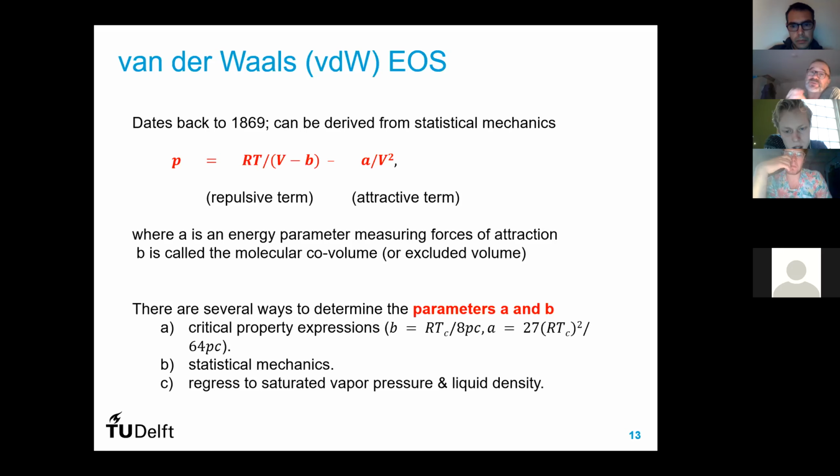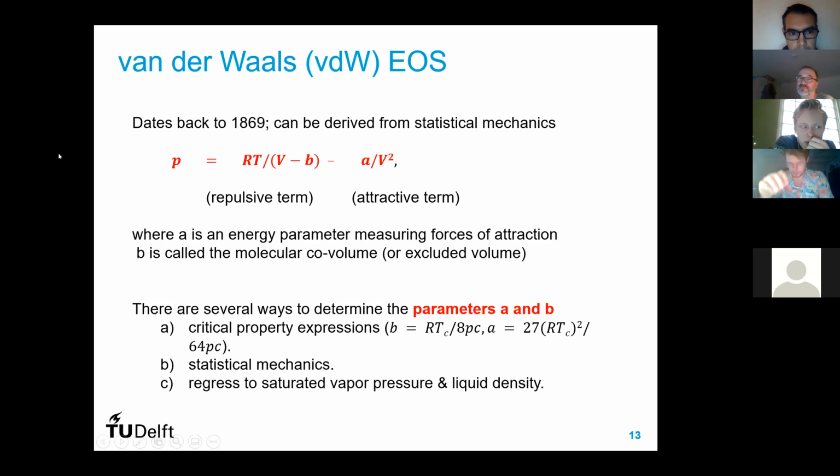Now, if you look into the van der Waals equation of state, he derived it from statistical mechanics. And here you have, this is my repulsive term, and this is my attractive term. So one helps you to decrease the volume compared to the ideal volume in the beginning, at low pressure, and then the other doesn't let you decrease it more.